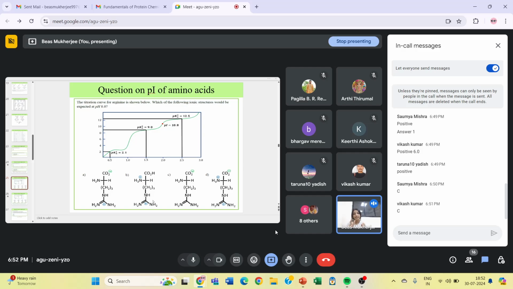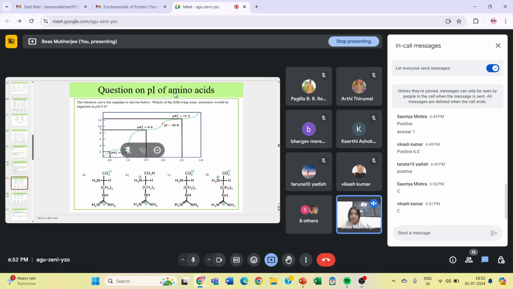Initially there is pKa1 at which the COOH group is becoming COO minus. Then there is pKa2, which is actually for the alpha amino group, and pKa3 is for the R side chain, pKr. So the pi is definitely between this alpha amino group pKa and the R side chain pKa.